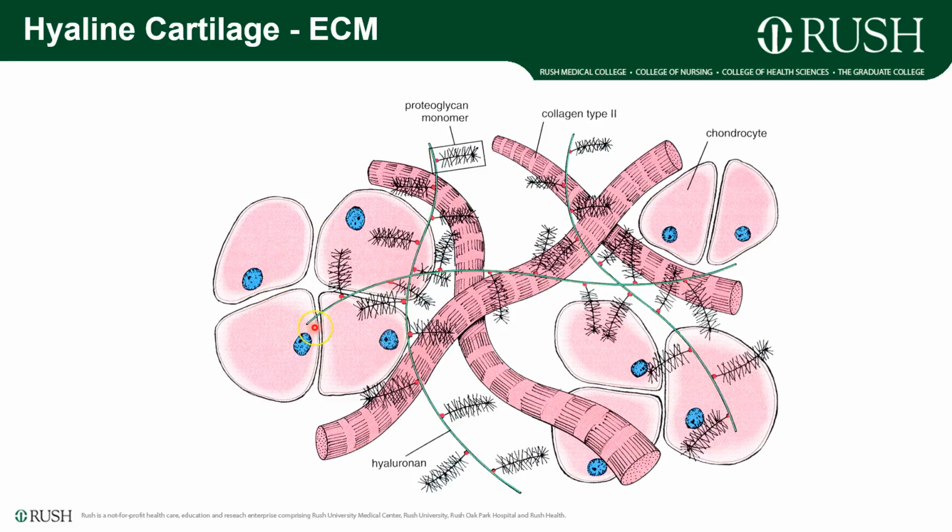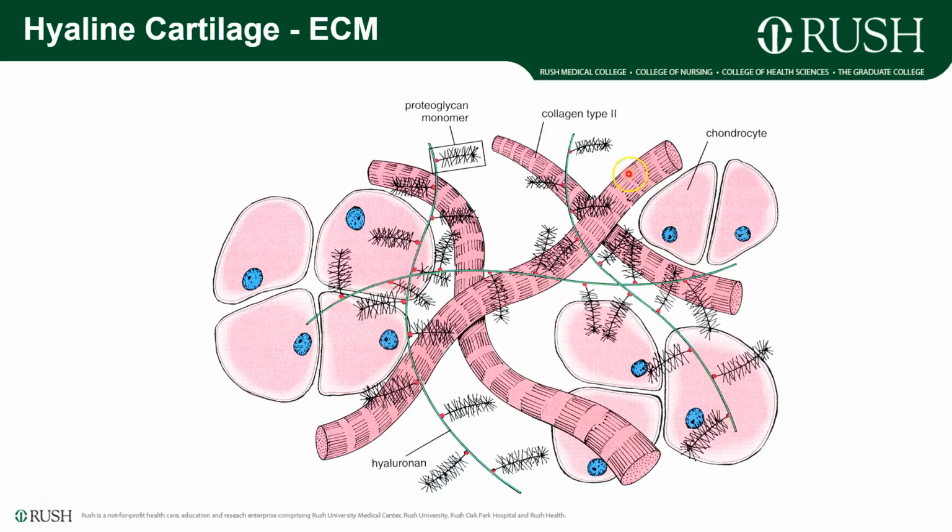They originate from cell division and appear as pairs, which is a very characteristic hallmark of cartilage and should help you identify that the tissue you're looking at is cartilage.